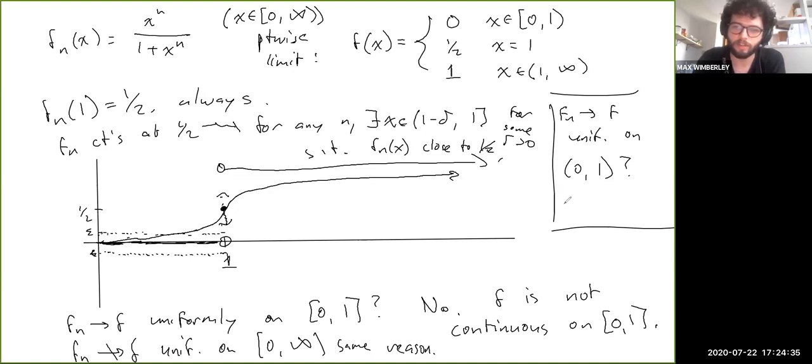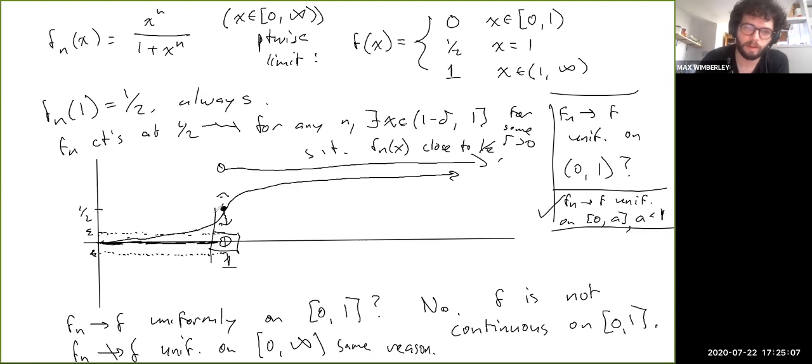On the other hand, I won't go through carefully why, but it is true that fn does converge uniformly to f on anything of the form 0 to a, for a less than 1. So the convergence is uniform if you cut off a non-zero length piece of this interval that includes the point 1, because that's the problem point.